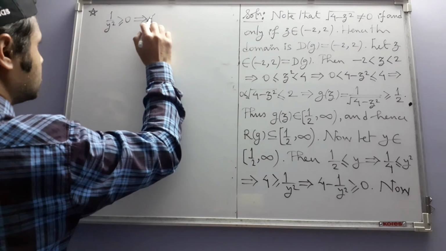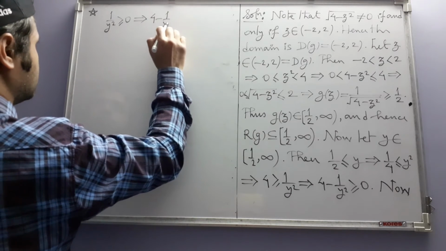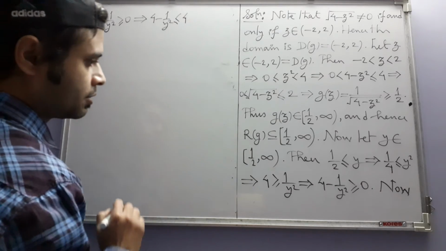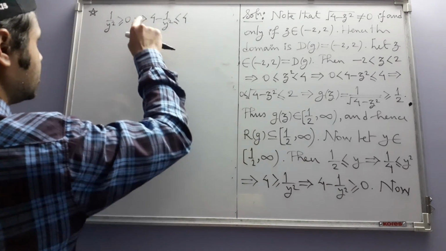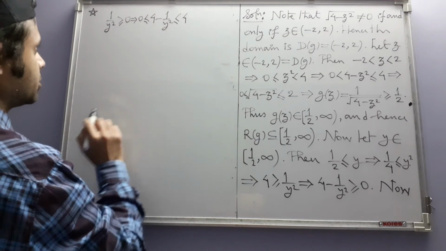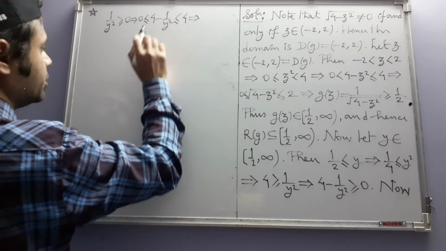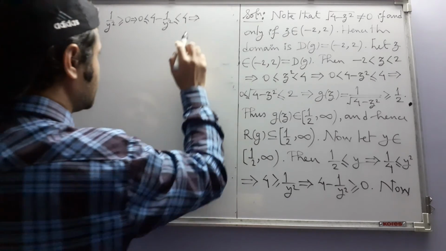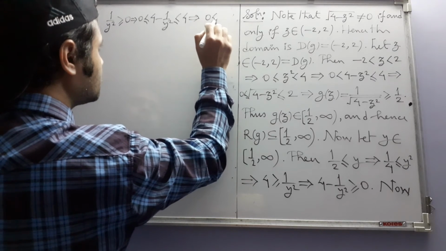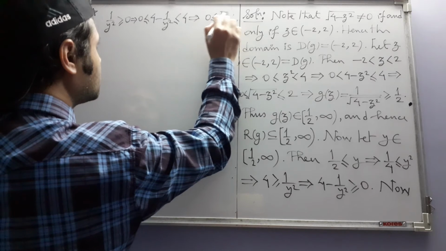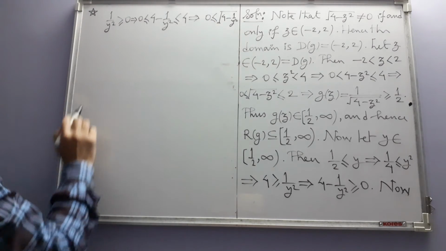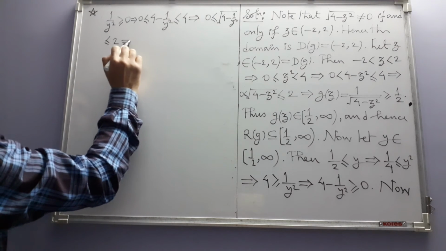This implies 4 minus 1 over y squared is less than or equal to 4, but we have already shown that this is greater than or equal to 0, so why don't I make it a part of my calculation, and because of this now we can take square root on both sides and we get the square root of 4 minus 1 over y squared is less than or equal to 2.